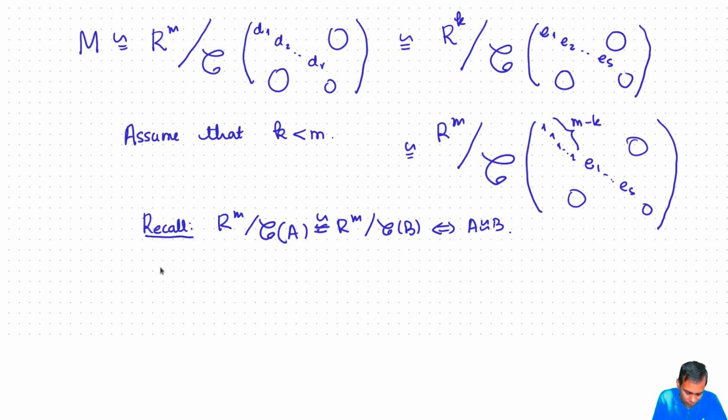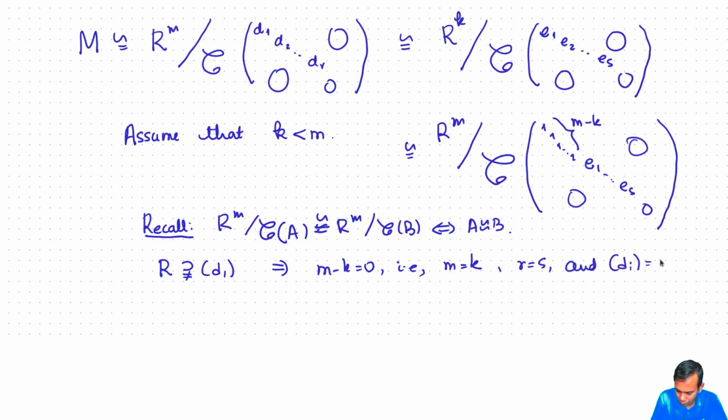And since we've assumed that d1 is a proper ideal of R, it's not a unit, this implies that m minus k is 0, i.e. m is equal to k. And moreover, by the uniqueness of Smith canonical form, it follows that r equals s and d_i equals e_i for all i. So we have just proved the structure theorem for finitely generated R modules.